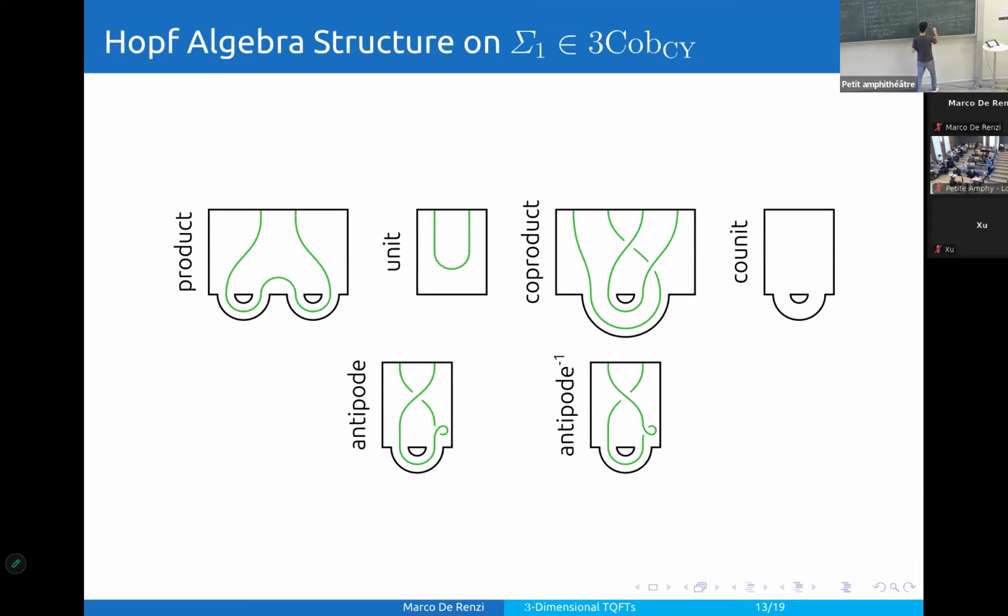If you represent in a ribbon category the twist by a kink, then together with the convention of representing braiding as a crossing in diagrams, the axioms of braiding will tell you that the diagrammatic calculus is invariant under Reidemeister 2 and Reidemeister 3 moves, and the self-duality of the twist will tell you that it is invariant under Reidemeister 1, the remaining one. More precisely, the framed version of the Reidemeister 1 move, which is the following.